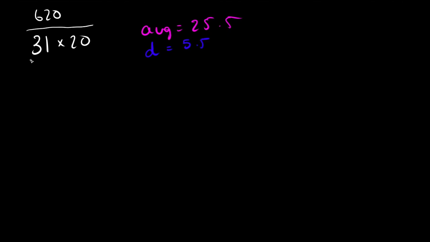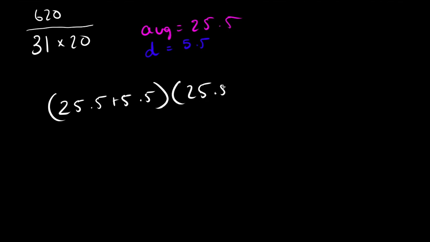So let's try and plug that in. 25.5 plus 5.5 times 25.5 minus 5.5 is nothing but 25.5 squared minus 5.5 squared.